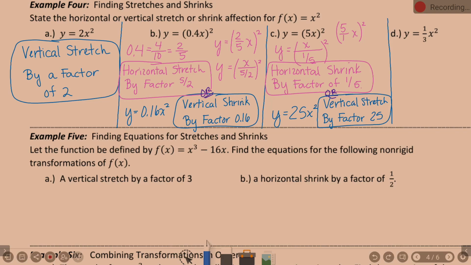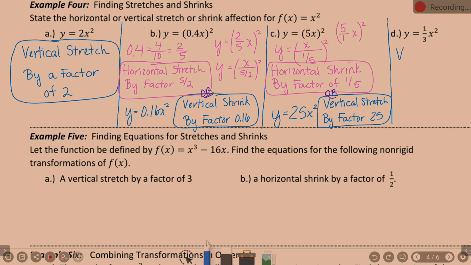Listen. This is just a number times x squared. A number times x squared is what we were doing in algebra 2. It's just a vertical shrink or stretch. It's when it's in the parentheses that we have to decide which way we want to handle it, whether we go horizontal and make it x divided by it, or whether we just multiply it out.